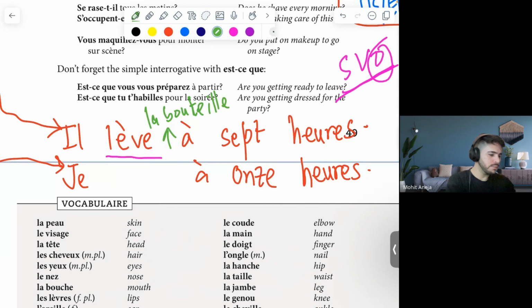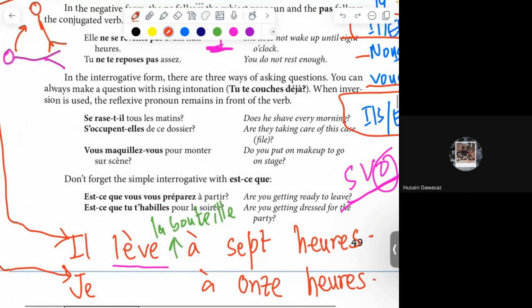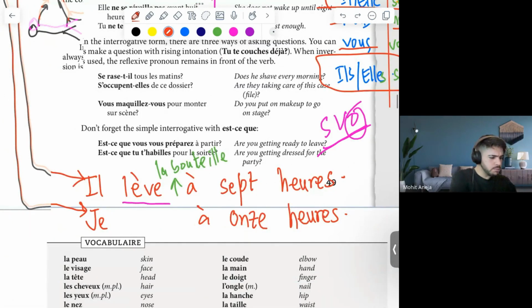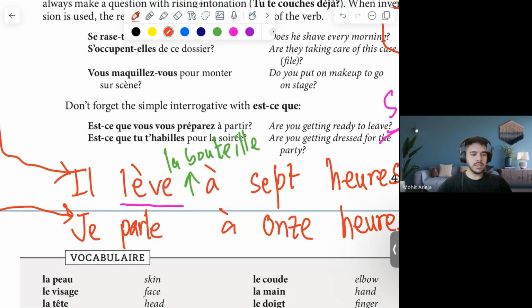For example, parler is not reflexive, so I'm looking at a reflexive verb. Like I speak to myself, sort of thing. Yes, let's do that. Just for example, je parle à 11 heures.